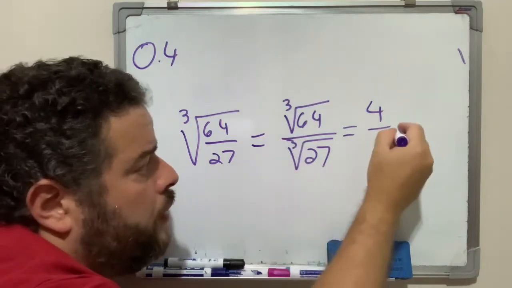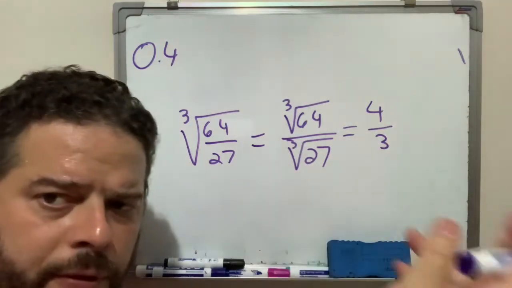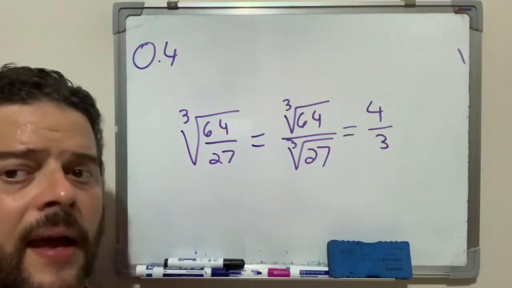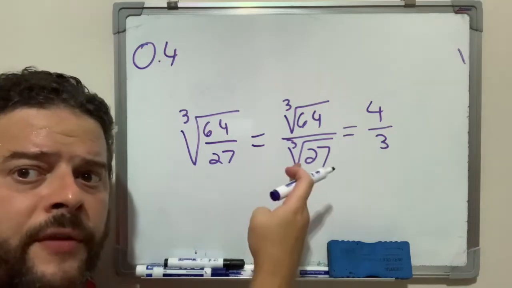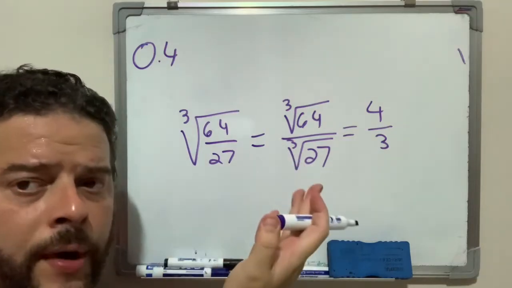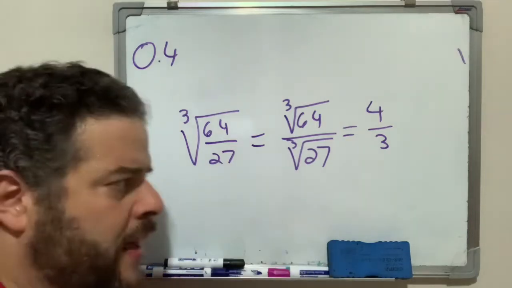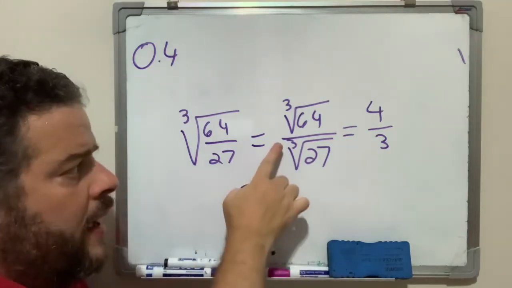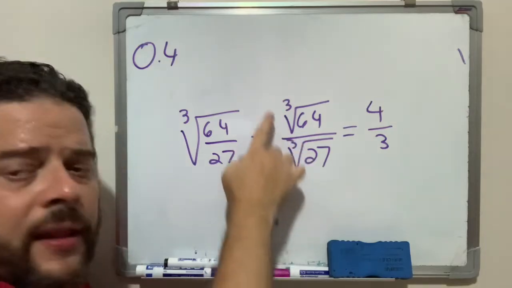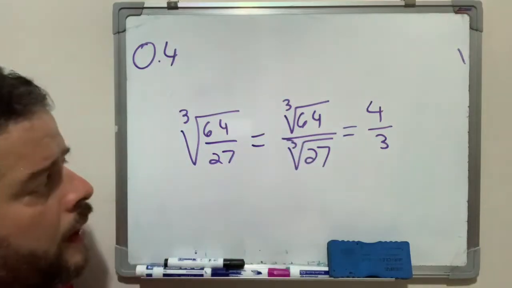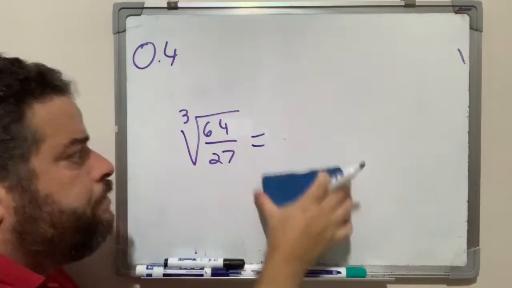And the cubic root of 27 is 3. 3 times 3, 9, times 3, 27. Just in general, the process also works backwards. If you want to simplify or to join radicals, numerators, and denominators, you can definitely do that as long as the nth root is the same. So that is example B.